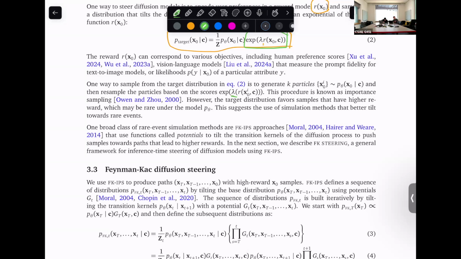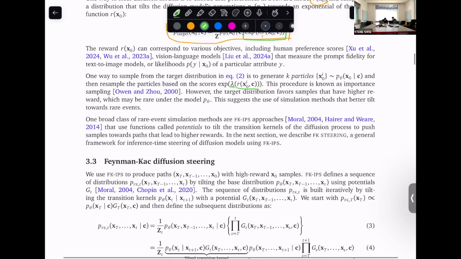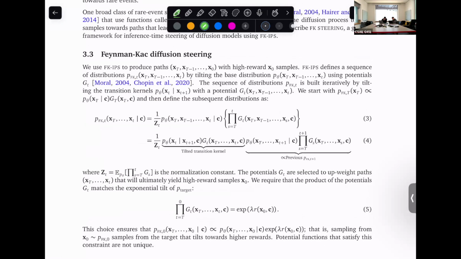We have the lambda, which tells us the strength with which we adhere to our reward. Then we have i, which indexes our sample. We have our condition, and our reward now also depends on the condition. Good. Then Feynman-Kac steering.